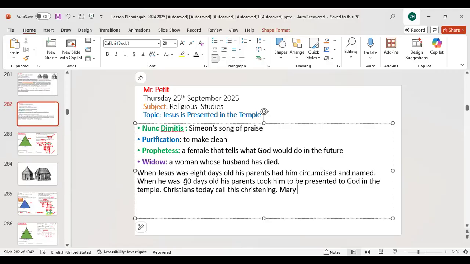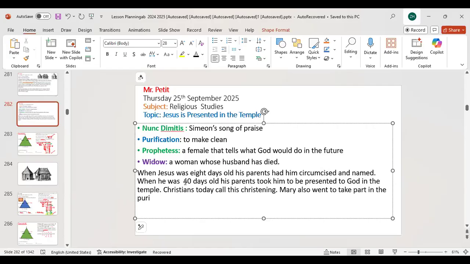Mary also went to take part in the purification ceremony.